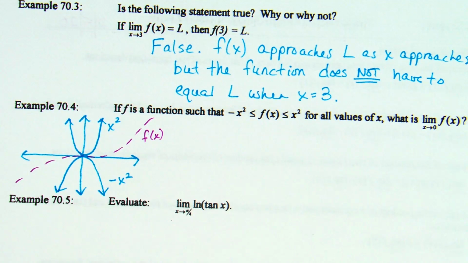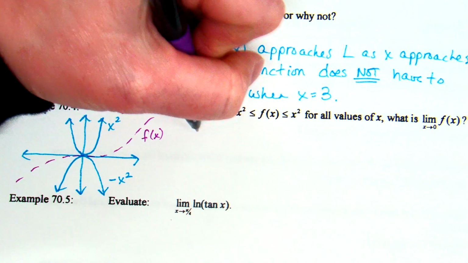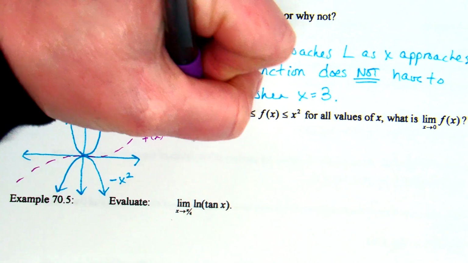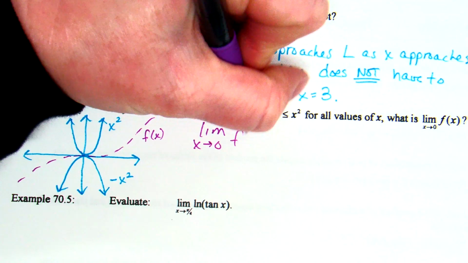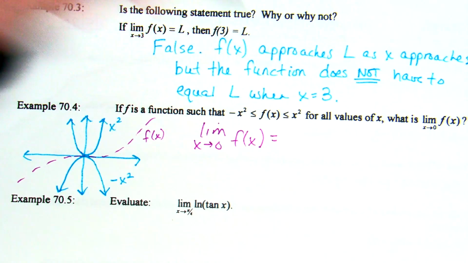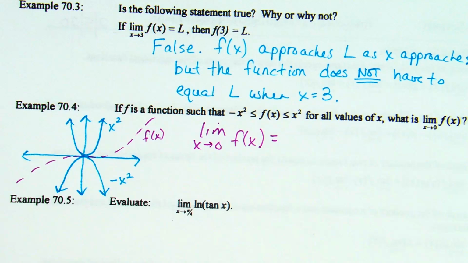Maybe the left and right look different. But what's the key here? They're asking us, what was the question? The limit as x approaches 0 of f of x. That's their question for us.